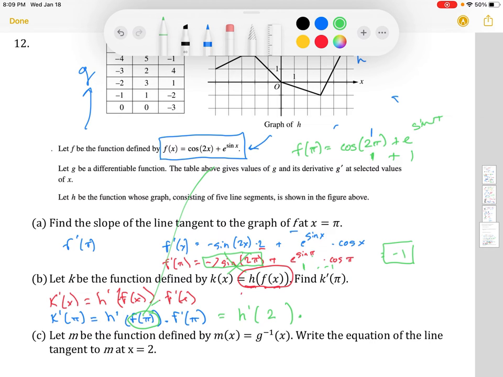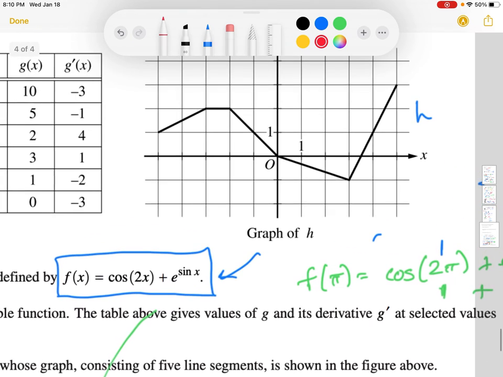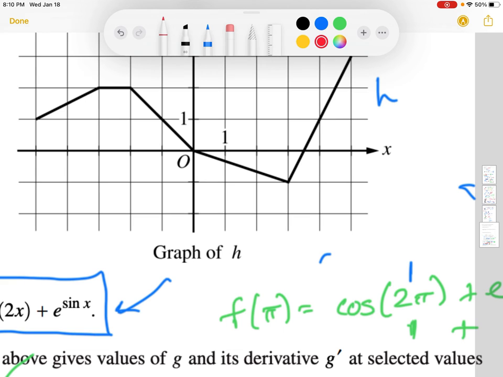Times f prime of pi, we figured out in the last example, that's negative 1. So what I need to do is determine the slope at x equals 2 on the graph. So h prime is the slope of h at 2, and then multiply it by negative 1. So if I go back up to the graph and go to 2, I need to find the slope at this point.